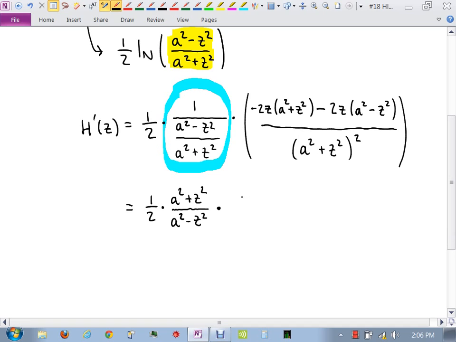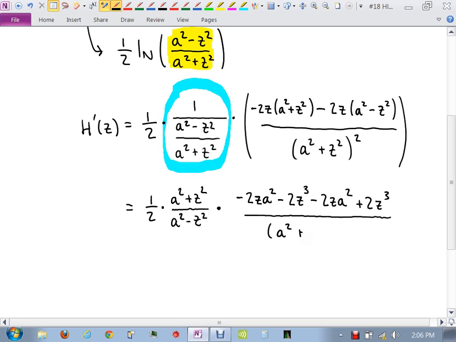So I should get negative 2za squared minus 2z cubed minus 2za squared plus 2z cubed. Just be careful with your signs there. All over a squared plus z squared, squared.